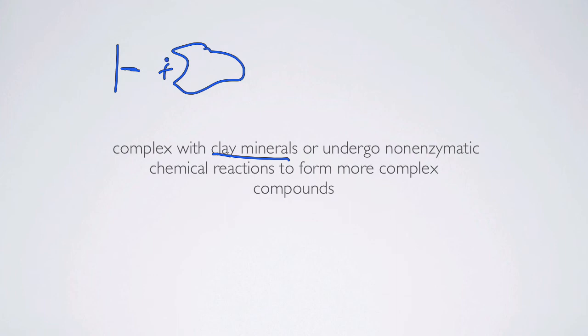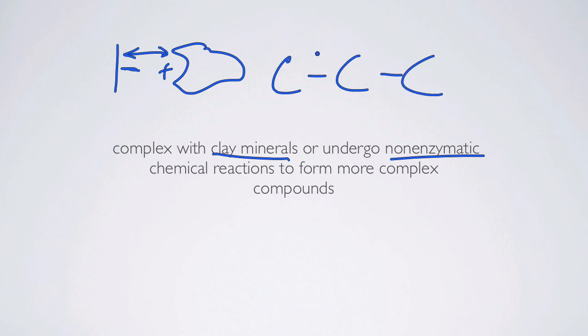And it becomes complex, so there's an attraction between the clays and the soil organic matter. And this causes the soil organic matter to be more resistant to further breakdown. In addition, there are a number of other chemical reactions that don't happen necessarily via enzymes, but that cause the soil organic matter to form even more complex compounds. So you start with something simple and you end up with something more complex.